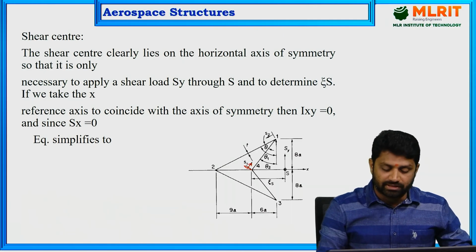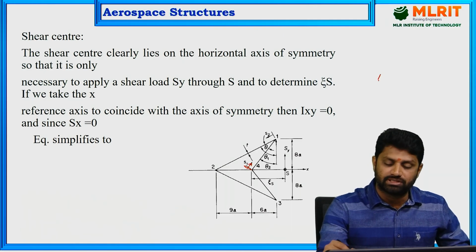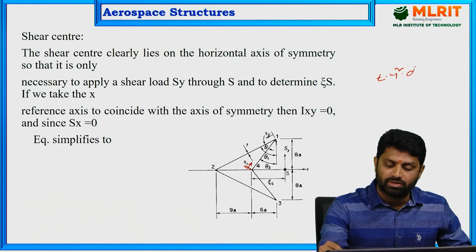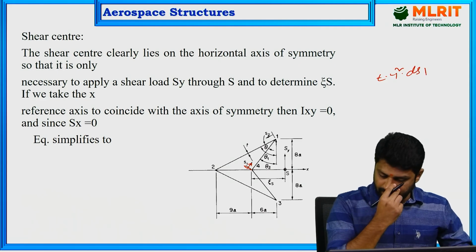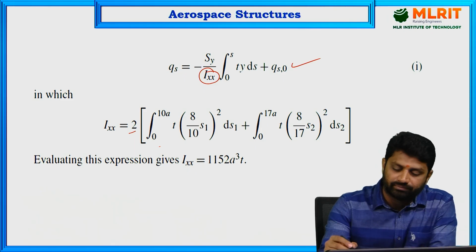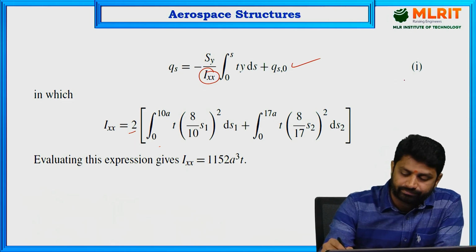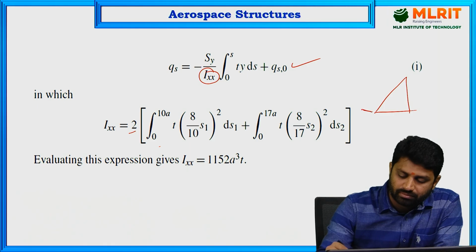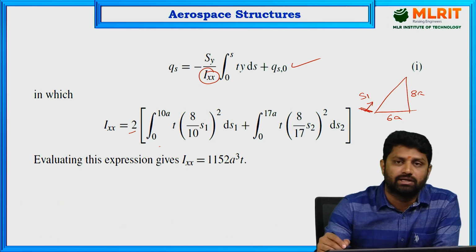So when you take the distribution, what you have to substitute is t y square ds1. In that triangle, this is the distribution s1, this is 8a, this is 6a, and anyway this is 10a. We are considering the distribution, which you can substitute in the limits.